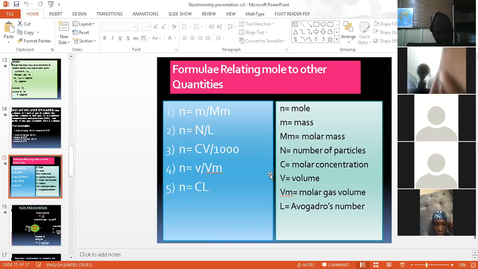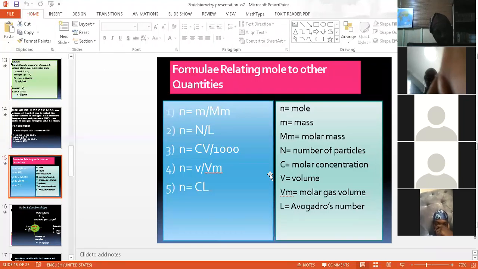The third one is what? Number of mole. You have to calculate number of mole, and you are given parameters like concentration and volume. The formula to use is formula 3. And as for formula 4, the formula is n is equal to V over Vm.